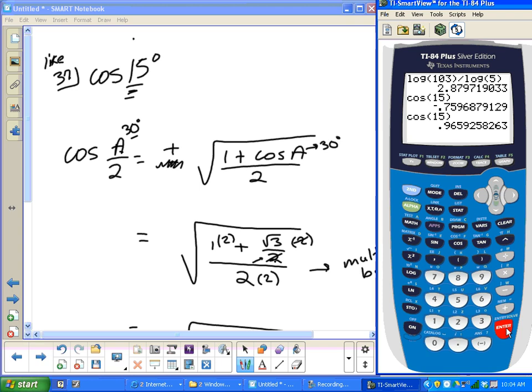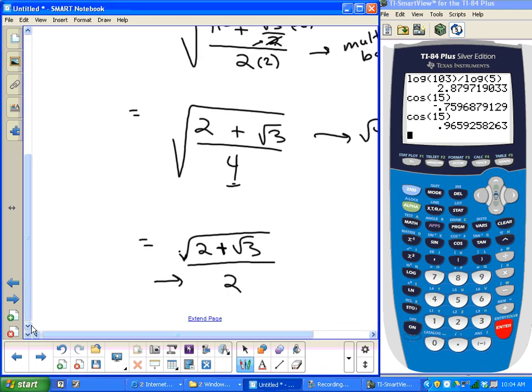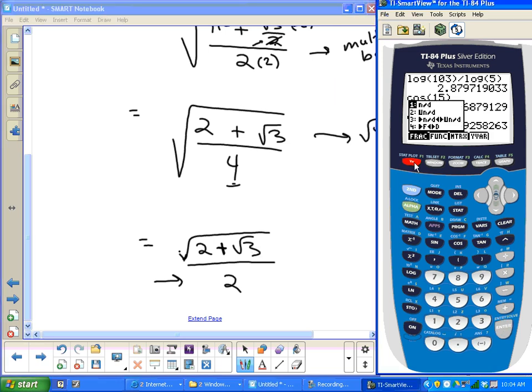So cosine of 15 degrees is about 0.96 something. Now, that should be the same thing as this, right? Okay. So let's punch this in, and that's kind of complicated to punch in right there. But if you use your fraction template, it's not that bad. So I'm going to bring in my fraction template.